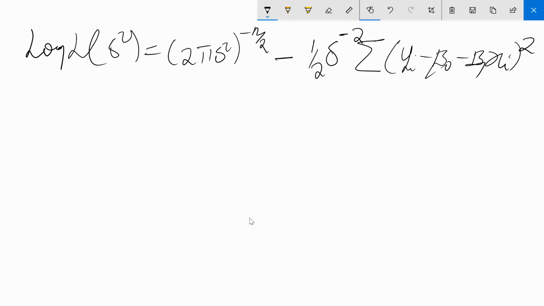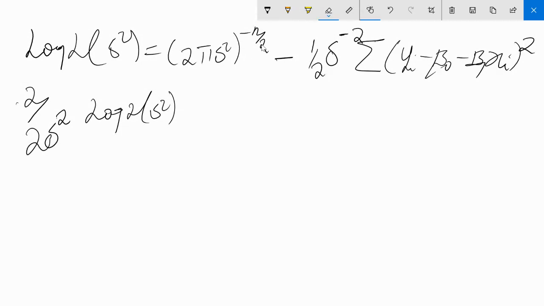So this is the log of the likelihood function, and we're going to differentiate this with respect to sigma squared. Sorry, there should be a log here, because we have already taken the log.